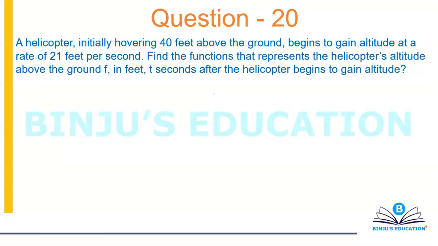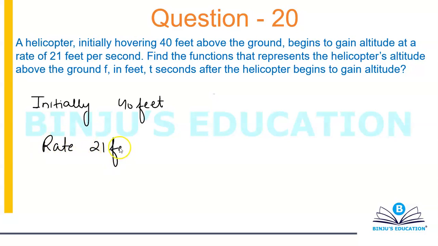Alright, let's see how we can deal with this one. A helicopter initially hovering 40 feet above the ground begins to gain altitude at a rate of 21 feet per second. Initially it had a height of 40 feet above the ground, and it is increasing its altitude by 21 feet per second.